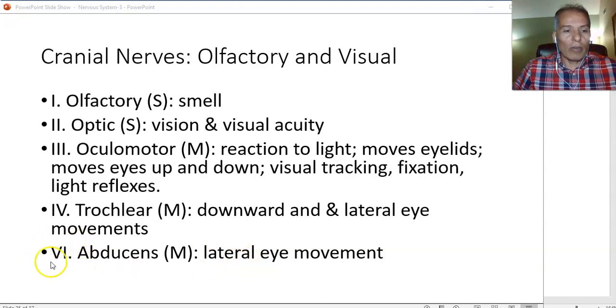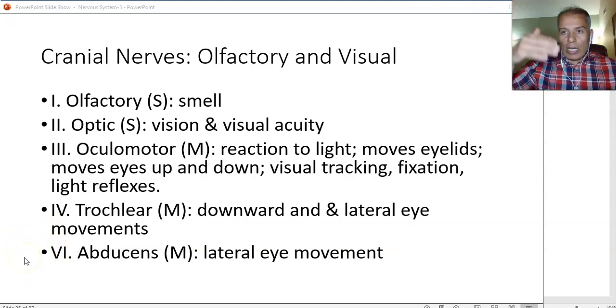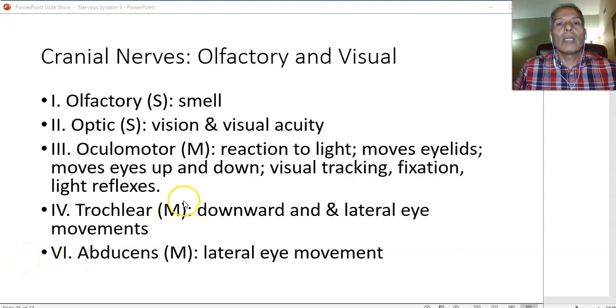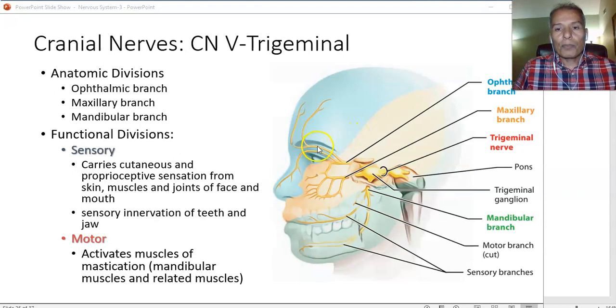So this is nerve number 6. You notice that number 5 is missing, okay? So nerve 5 and all the way down to the rest of the 12 are involved in communication, in hearing or speaking. So let's take them one by one.